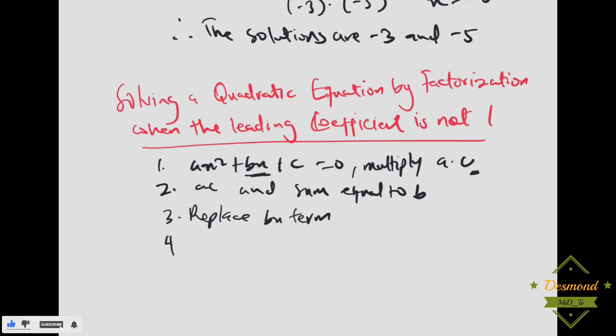The fourth thing we need to do is to factor the first two terms and then factor the last two terms. The expressions in parentheses must be exactly the same to use grouping, right? The fifth thing is to factor out the expressions in parentheses. The last thing is to set the expression equal to 0 and solve for the variables. I know this is kind of complicated, but let's look at some examples here.